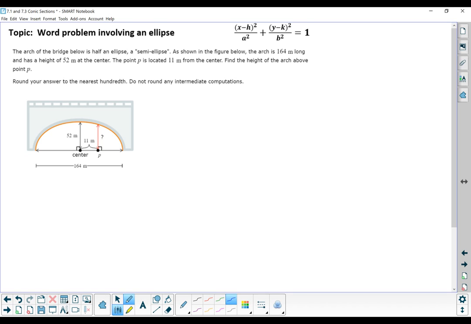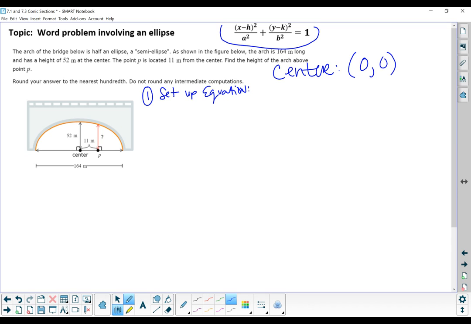So the first thing you want to do is set up your equation. So it's going to be set up in standard form like this. Now, when we set these equations up, we are going to take that center to be the origin, which is just going to simplify our equations.